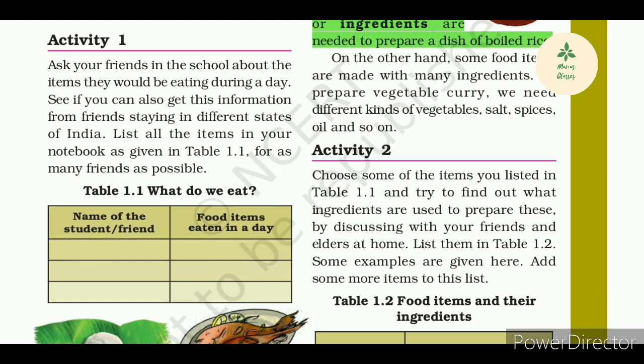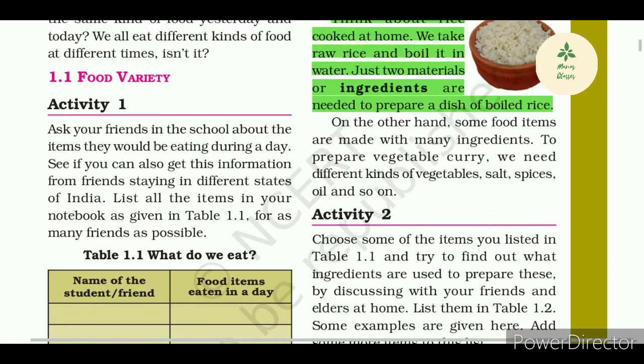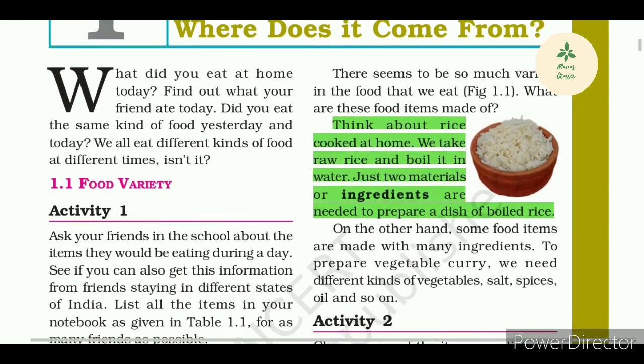Here you have to write in a table your friends' names and what they ate in a day. Maybe after writing this table you will observe that all the dishes are different, because of the variety of dishes.